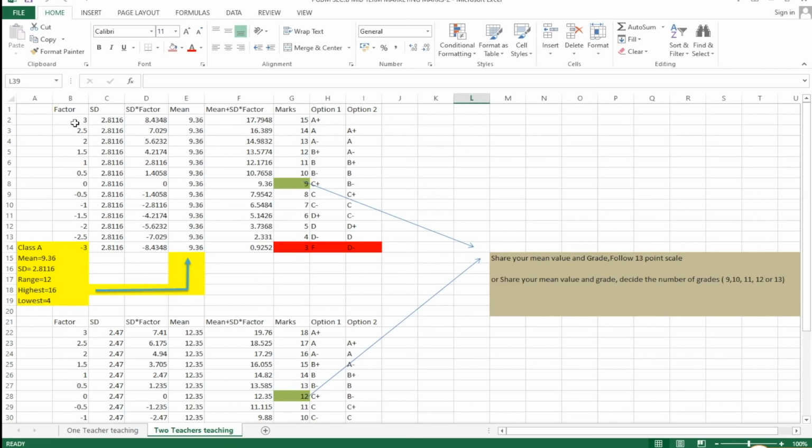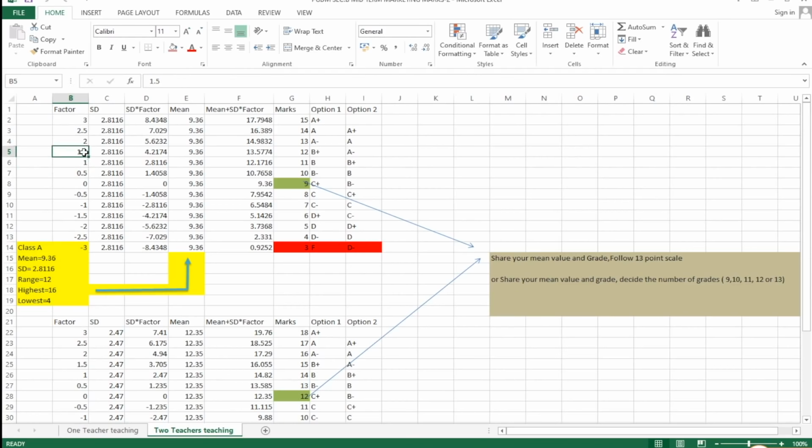So you will first of all go in for finding out the mean, standard deviation, range, highest and lowest for say class A. This is section A, right? And it is showing the same type of calculations. We are having the factors from 0, 0.5, 1, 1.5.